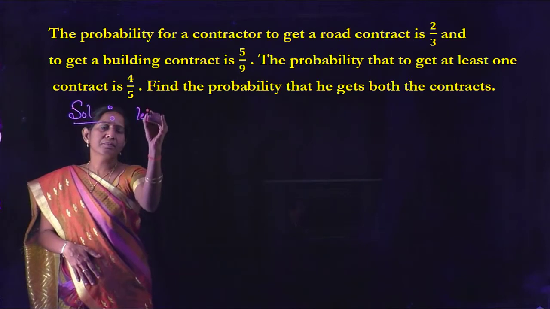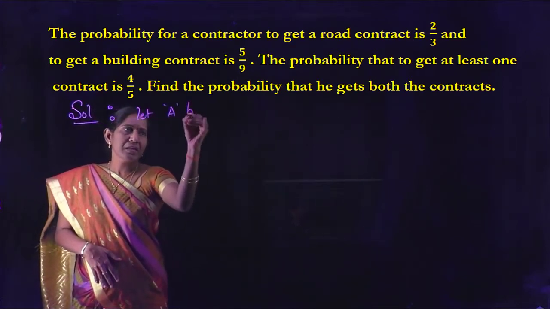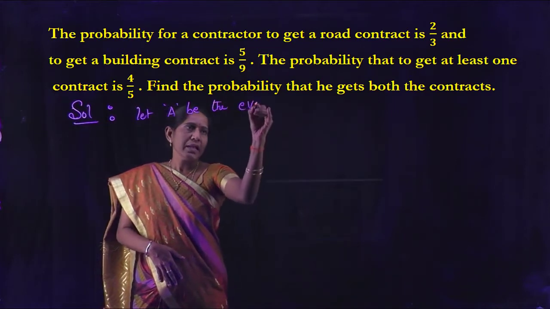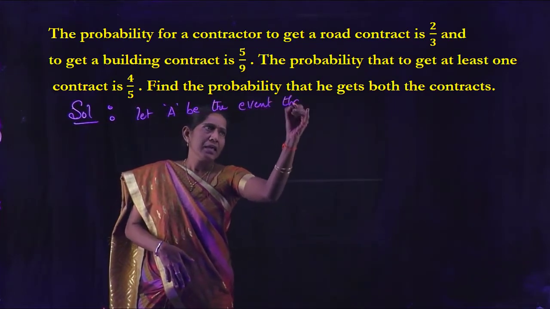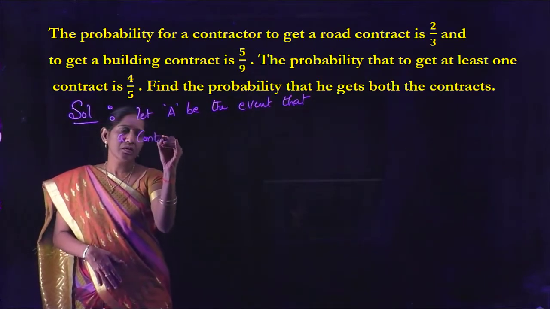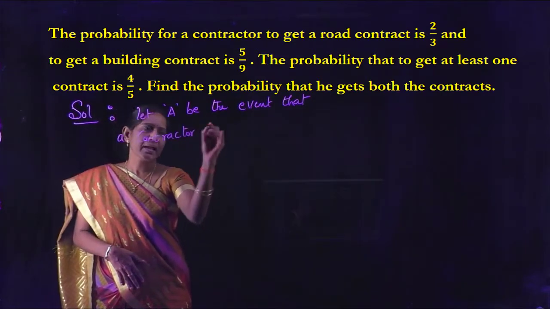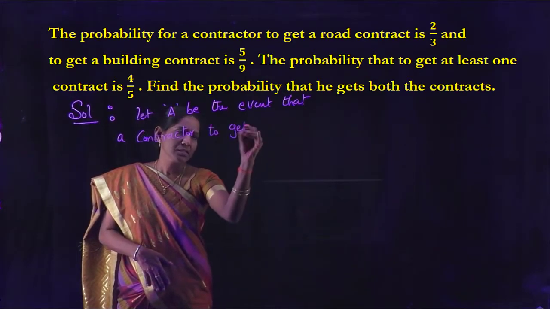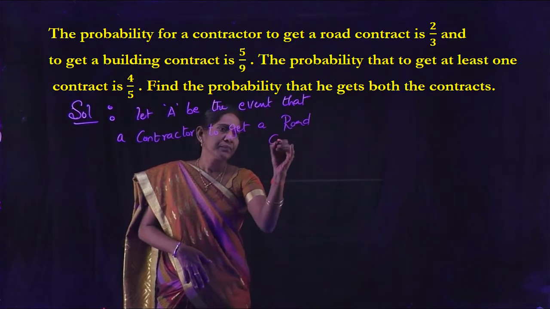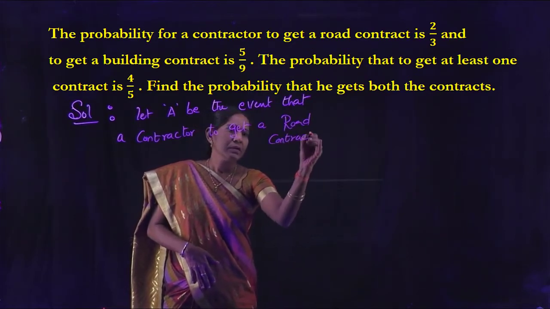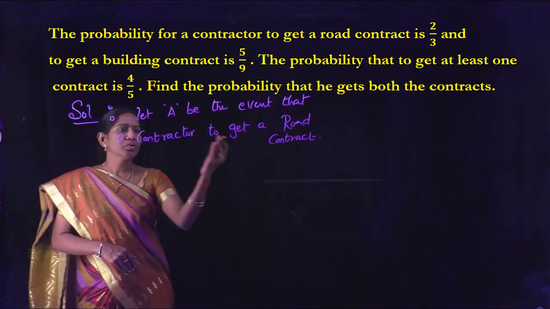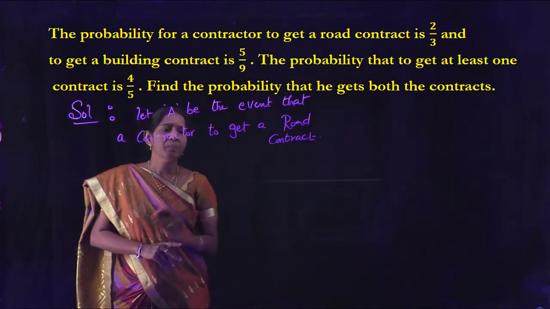Let A be the event that a contractor gets a road contract. Given probability that to get road contract is 2 by 3.